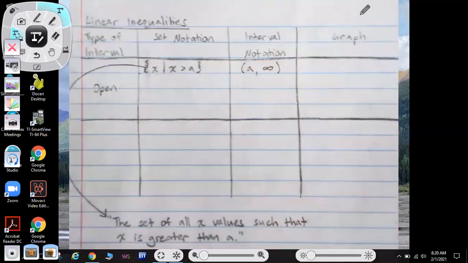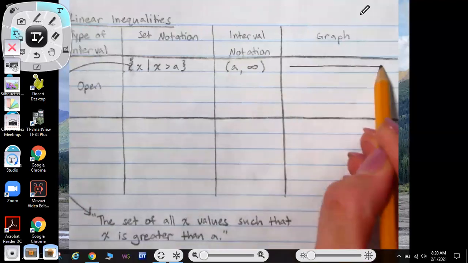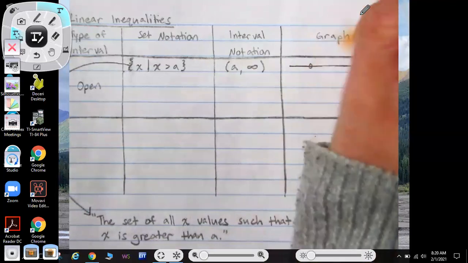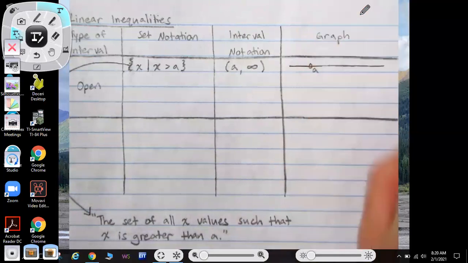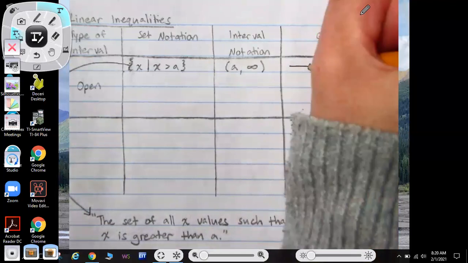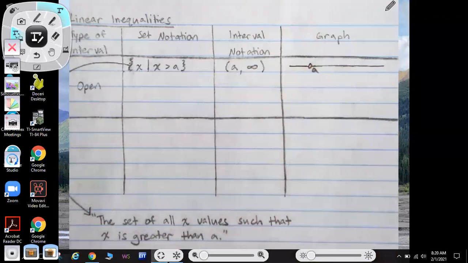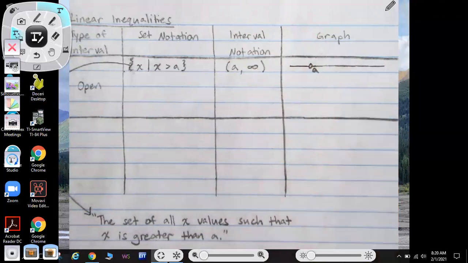Okay, so the graph of this interval is just a number line. And we're going to mark where a is with an open circle. So make sure it's clear that this is an open circle, because we will look at some where we actually fill in the circle, but this one has to be open.